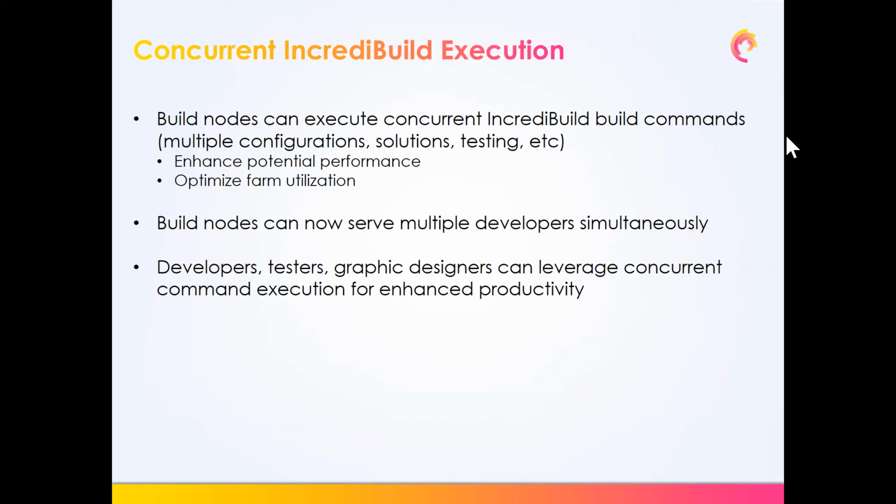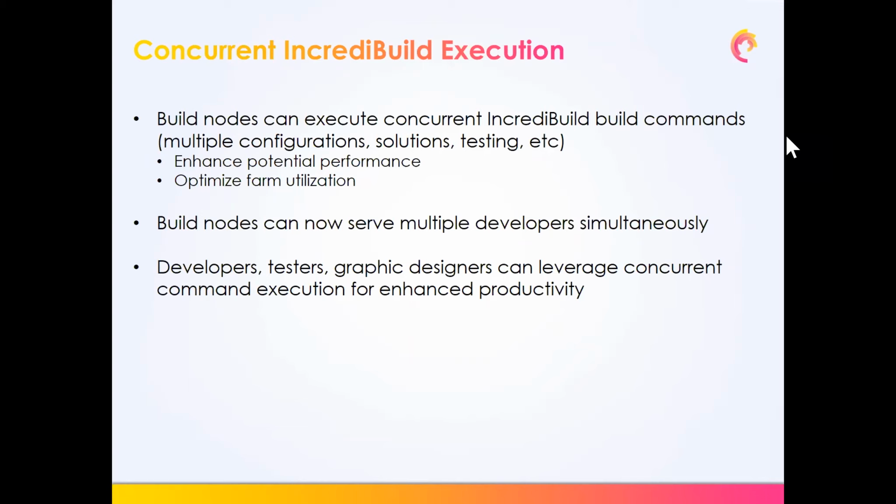This means that your performance can be much better, because instead of running these jobs in a sequential manner, you can now run them in parallel. And as a result of that, also optimize your IncrediBuild infrastructure utilization. Due to the fact that a build node runs multiple builds, it can use many more helpers in parallel than it could before. So this is one aspect.